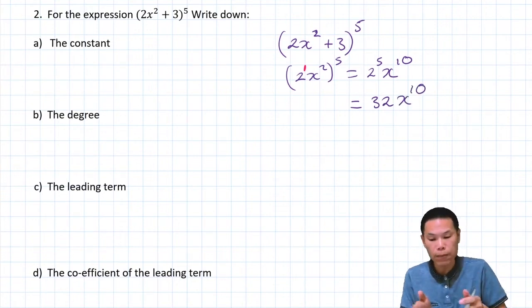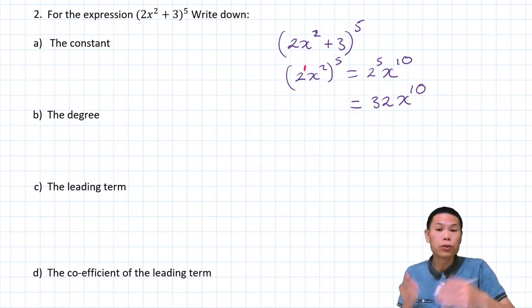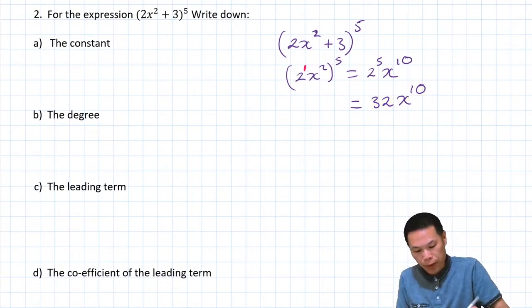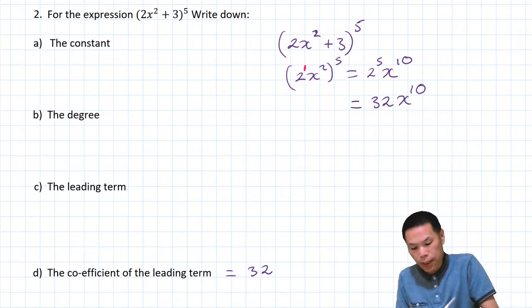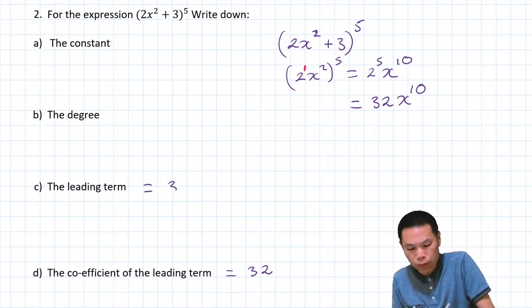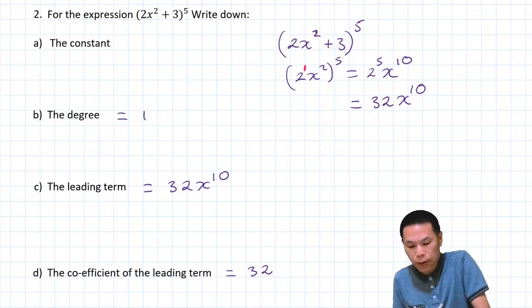This is the leading term, and the coefficient of the leading term is 32, and the degree is 10. So I just answered them first: the coefficient of the leading term equals 32, the leading term is 32x to the power 10, and the degree is equal to 10.